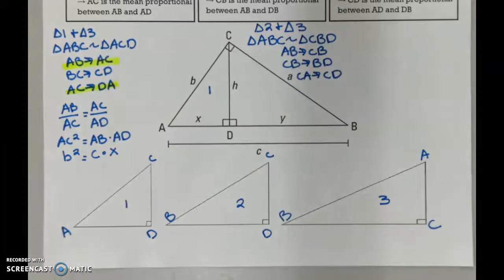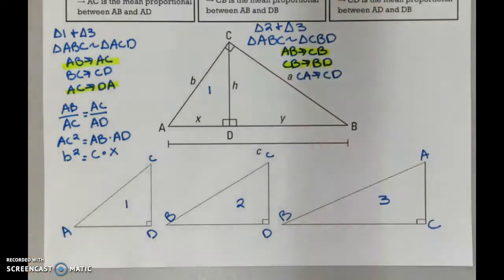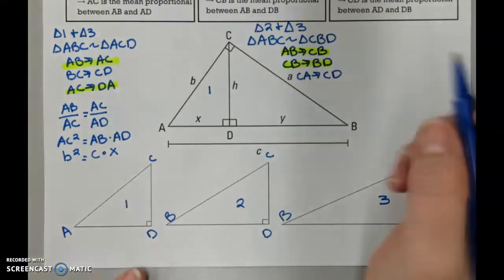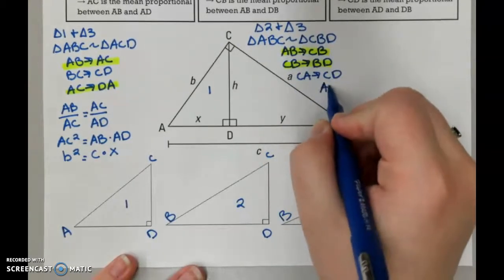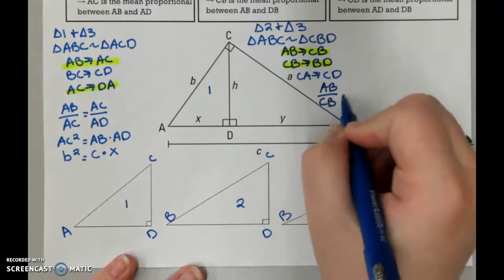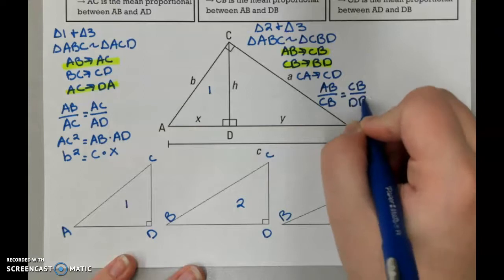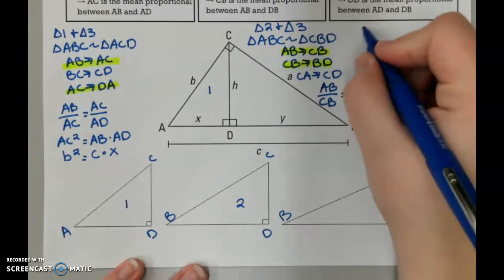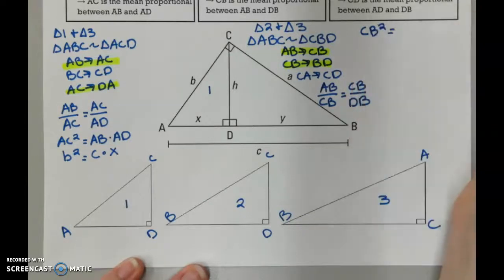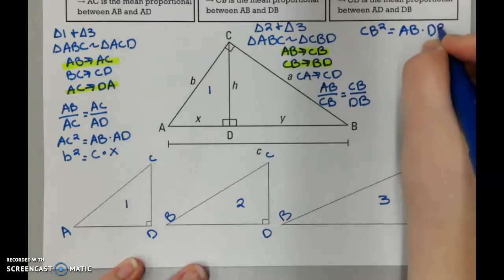Now again, I have two repeating segments. I have CB here twice. So using the same thing I did with 1 and 3, I'm going to set up a proportion using these four segments. AB corresponds to CB, and that ratio would be equivalent to CB over DB. And if I do my cross multiplication, I'll get that CB squared is equal to AB times DB.